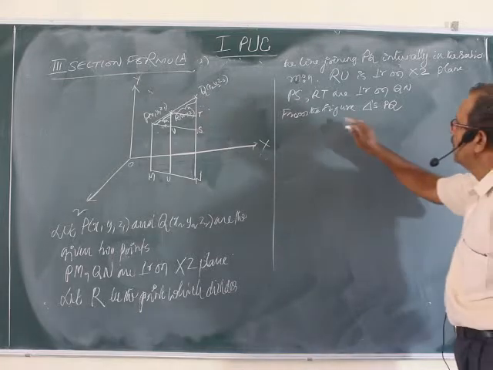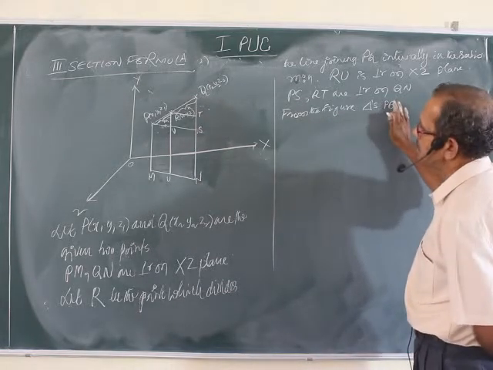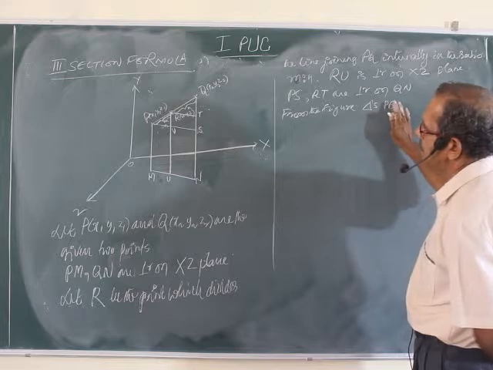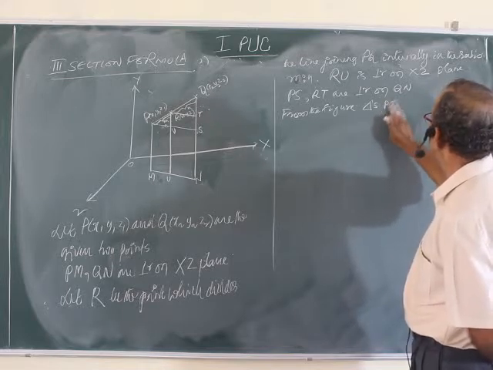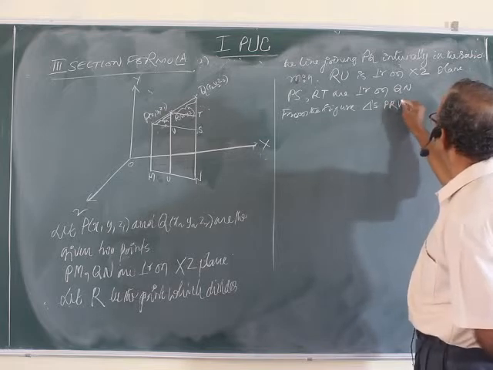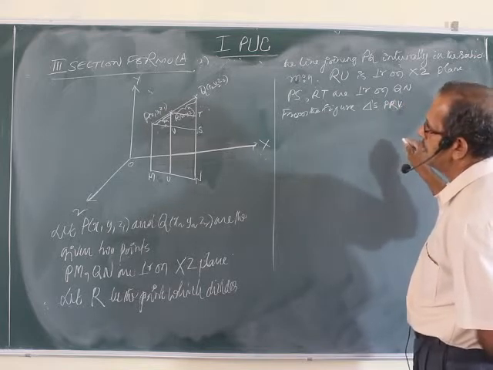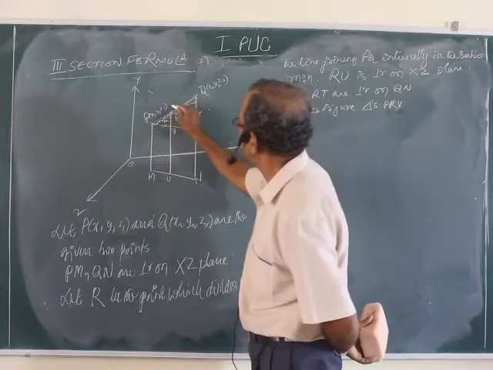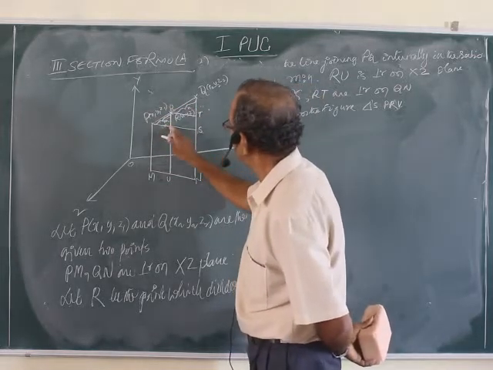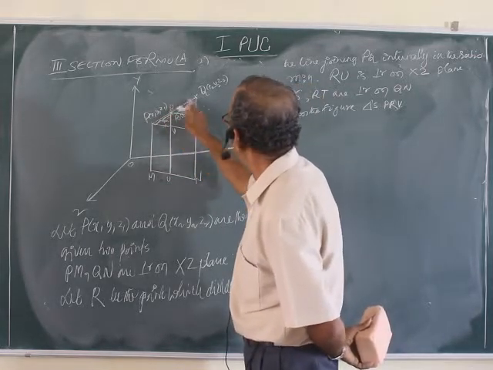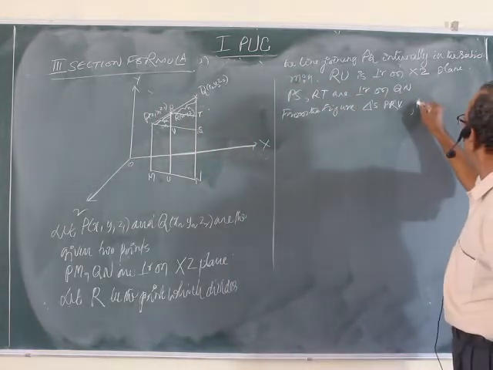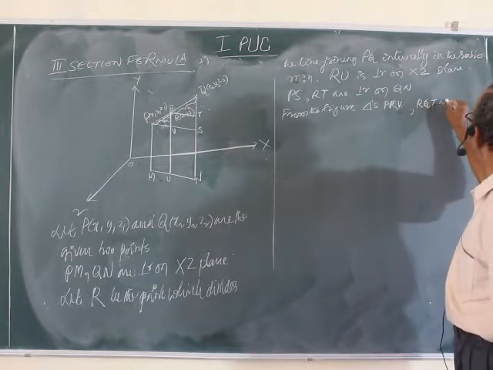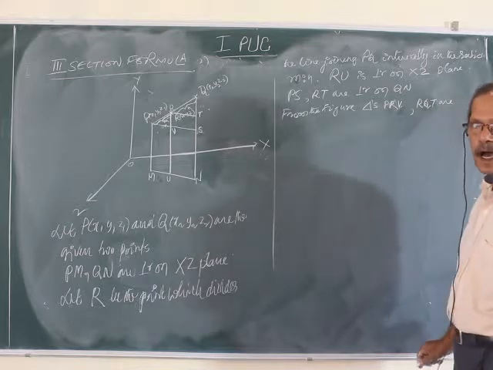Triangles PRV and RQT, where R is this point, are similar.